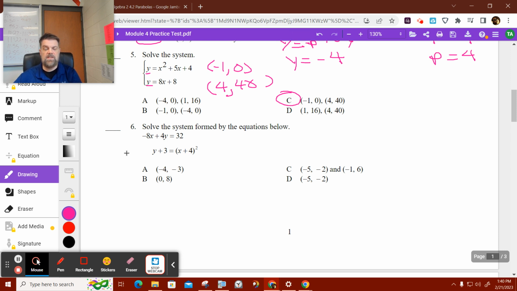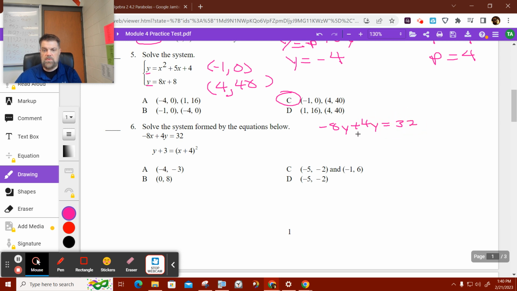See this equation here? I can solve this on a graphing calculator, but I have to solve both equations for y. So I'm going to start with -8x plus 4y equals 32.